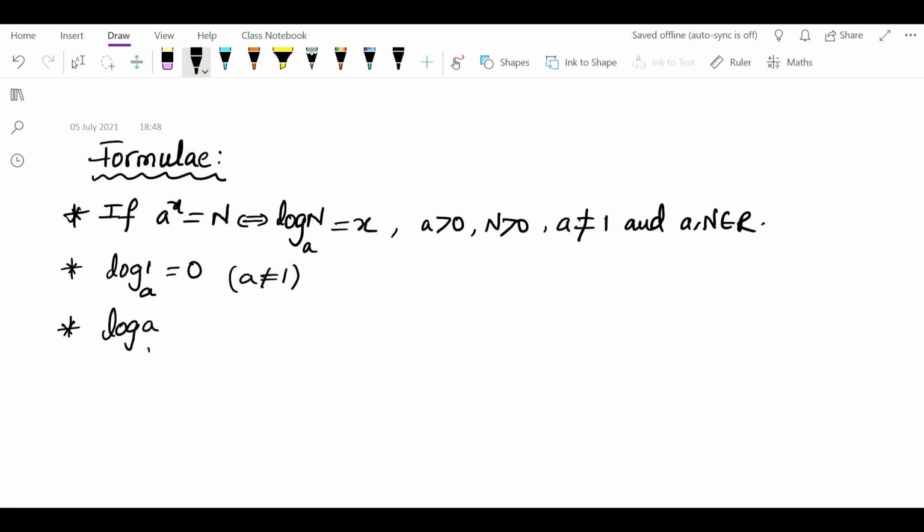Next one, log a base a is equal to 1, a is not equal to 1.